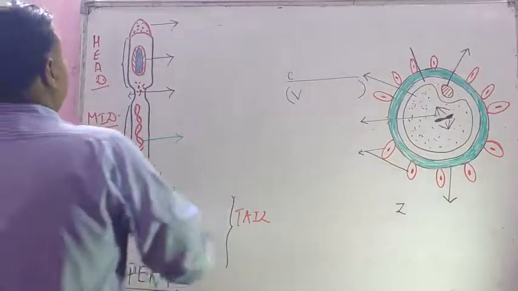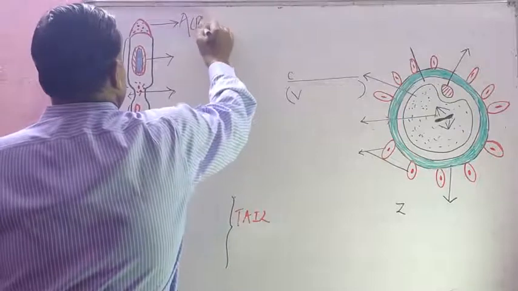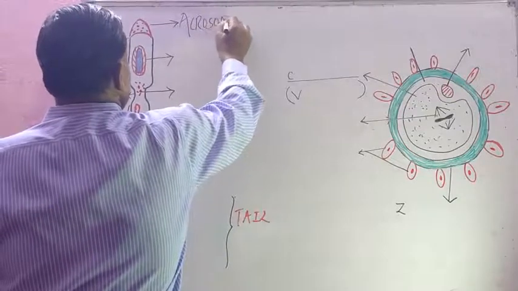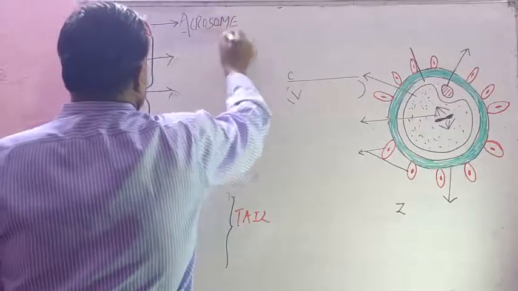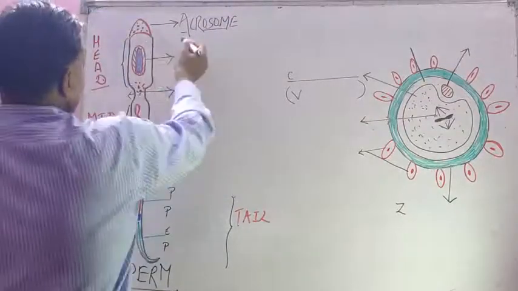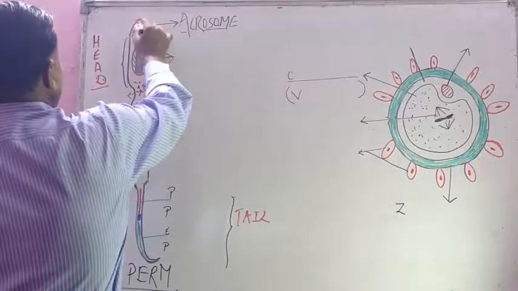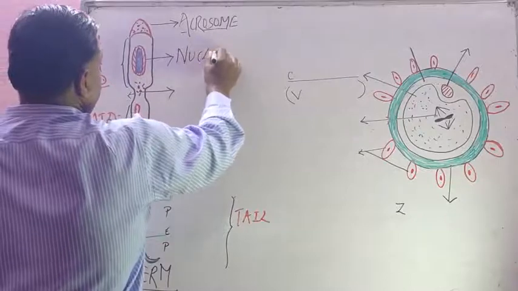On the head of the sperm, the very popular labeling is acrosome. Acron means head and soma means the body. That is the cap of the head of the sperm, the acrosome, made up of Golgi complex. And this is the nucleus.